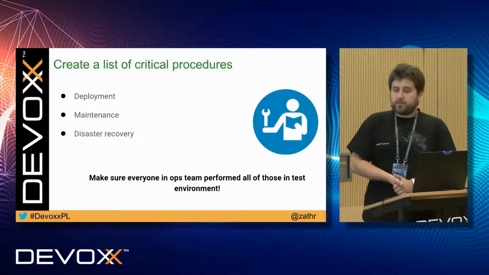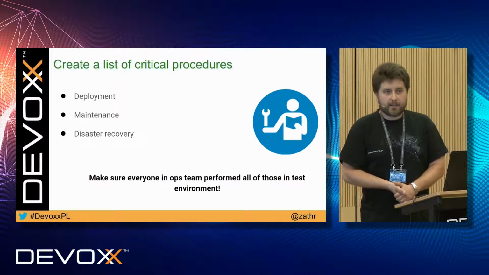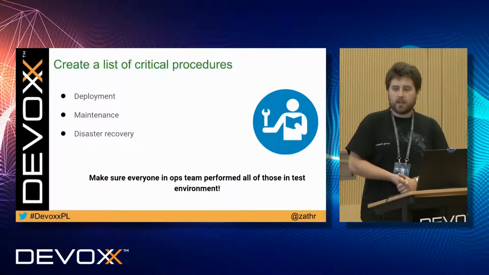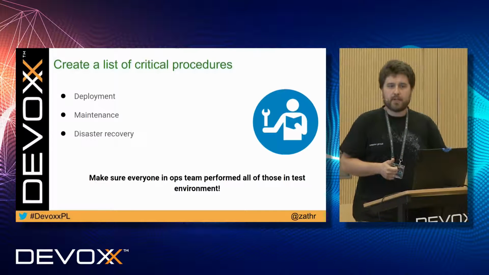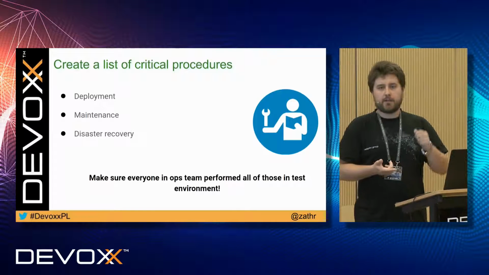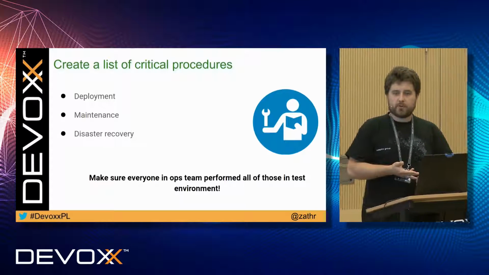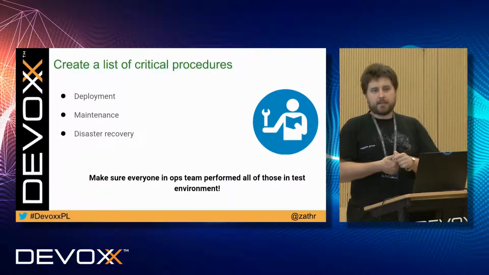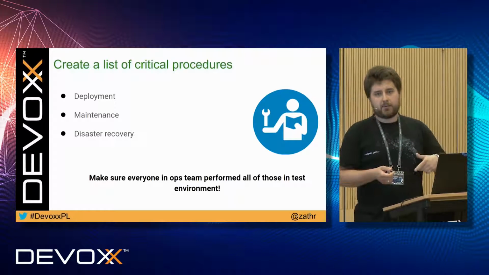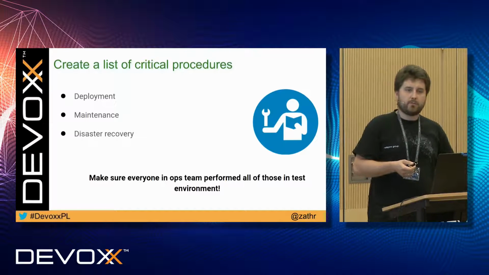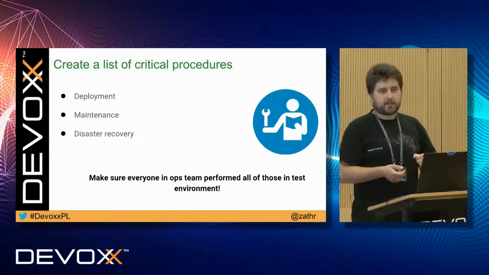Your next step should be creating a list of critical procedures. By that I mean deployment, which should consist of items like creating a new application, deploying it, scaling it, deploying a new version, and so on. Maintenance, and by that I mean creating a cluster, scaling it, removing a node for maintenance, reconnecting it again, and so on. And disaster recovery.